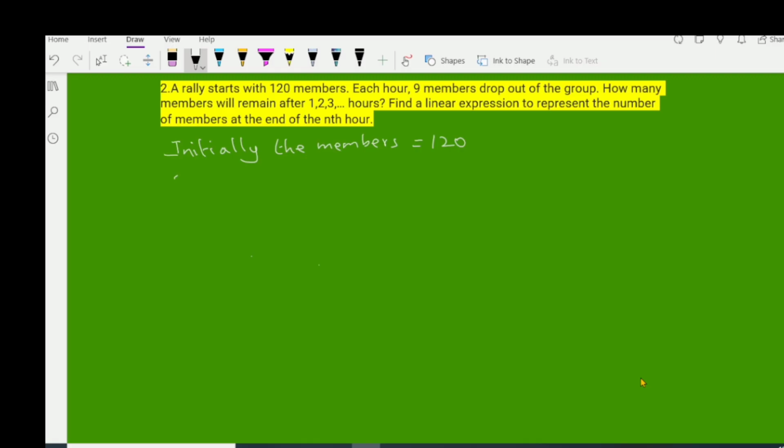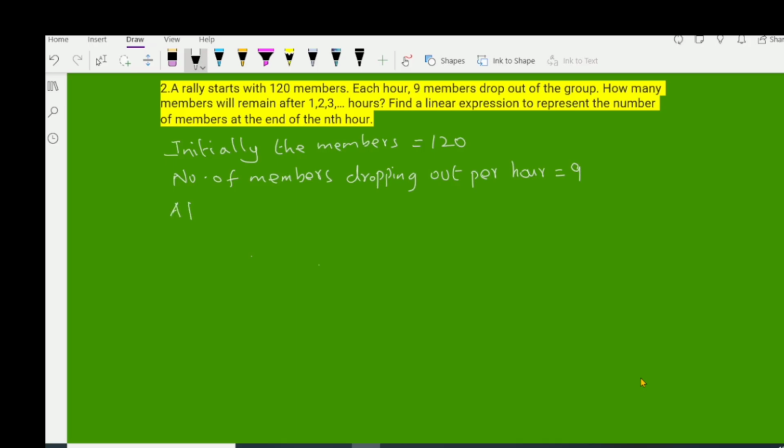Okay, and the number of members dropping out per hour. Okay, per hour it is given how many? 9 members.